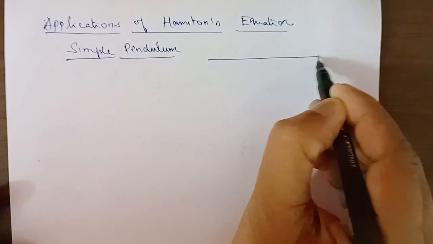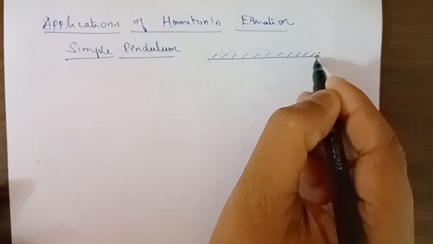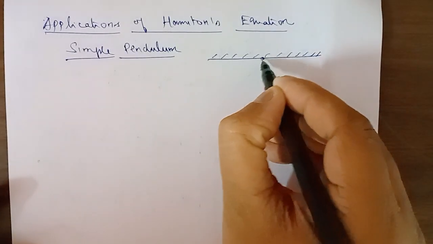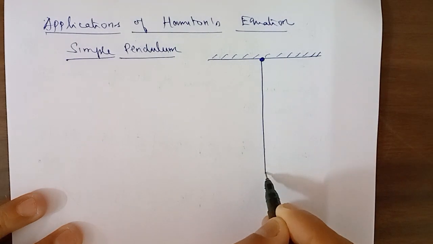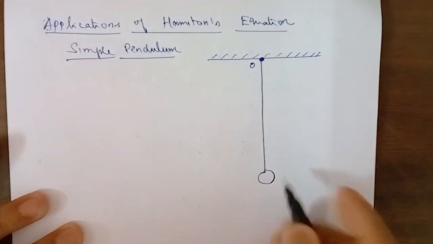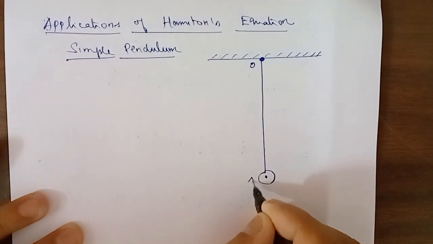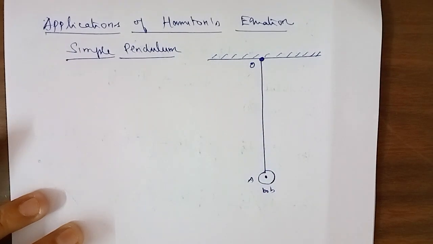There will be a fixed point. From that fixed point, a bob will be at the end.